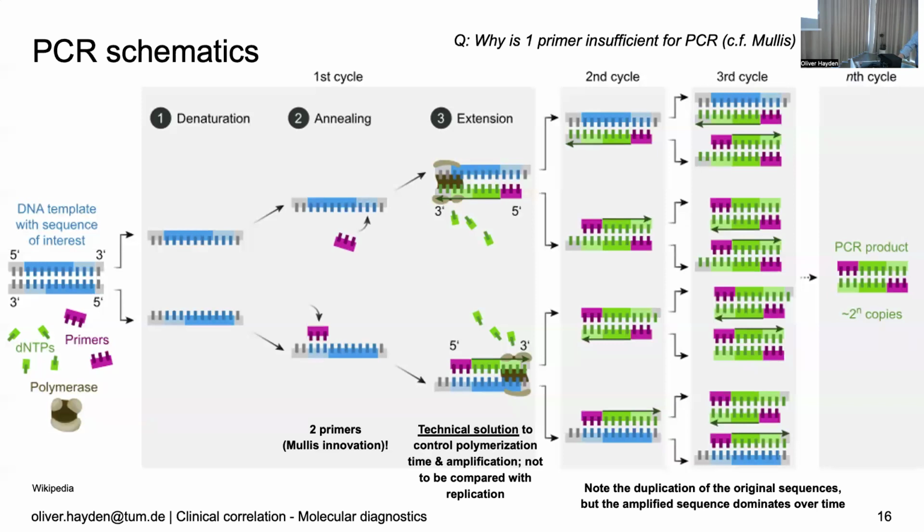Now, let's go through the details. What is eventually PCR? Check. And we're going to go back again to this question, why is one primer insufficient for the whole PCR reaction? What you're doing is, at the end of the day, let's assume you start with DNA, you're happy and you have a double strand, or you have your RNA strand, even a single RNA strand.